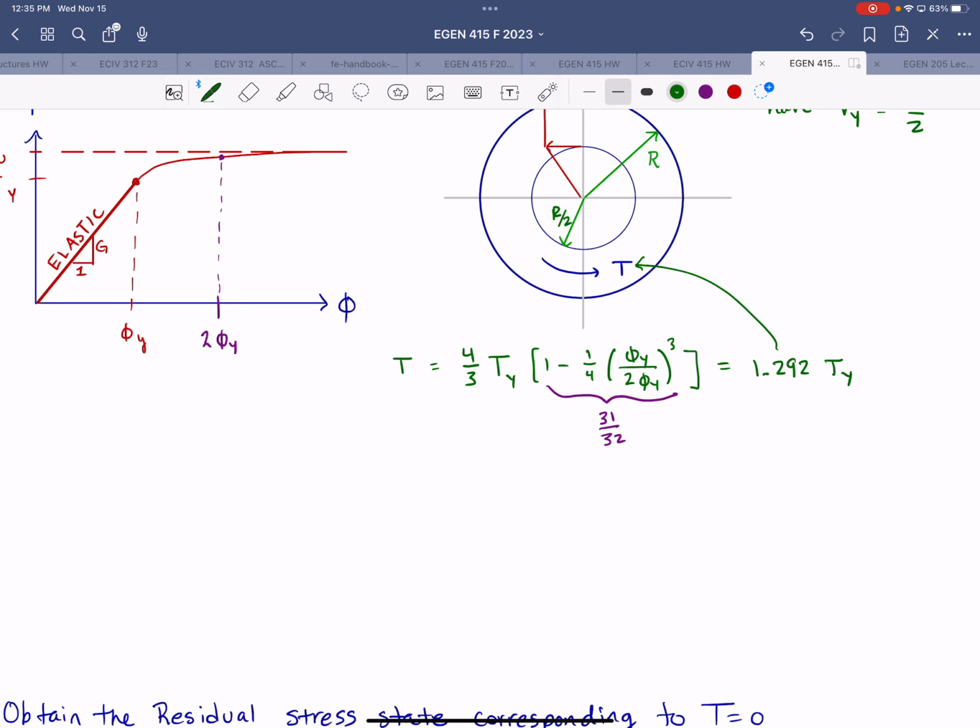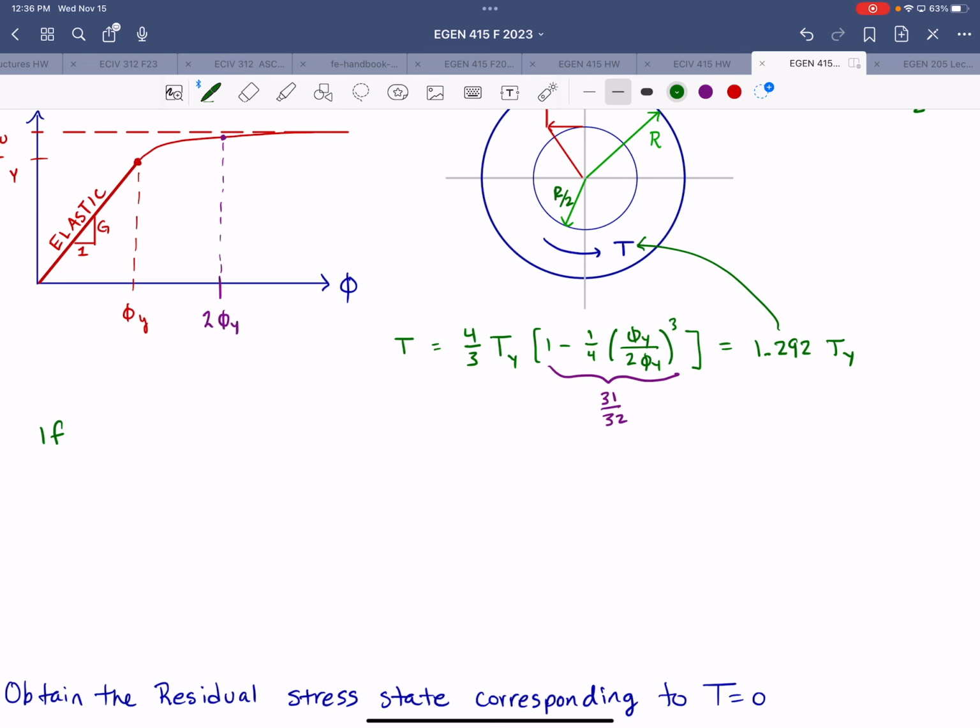All right, so we've twisted it to this point. The angle of twist has doubled from the initial point of yield. And then if we consider removing that torque, that force, the material will respond elastically, all right? So we have an elastic unload. So let's think about that process and figure out what our residual stress state will be.